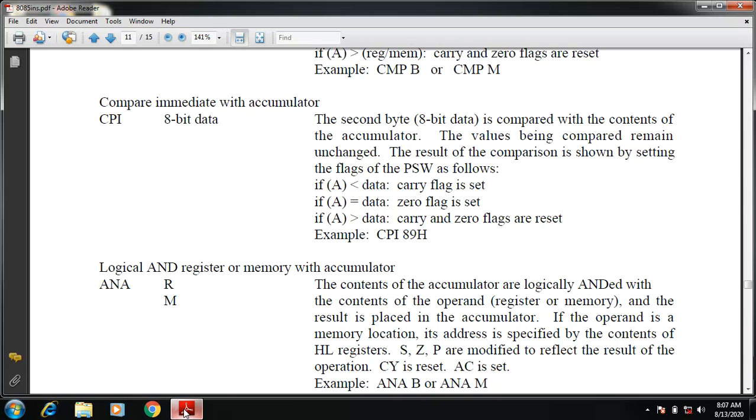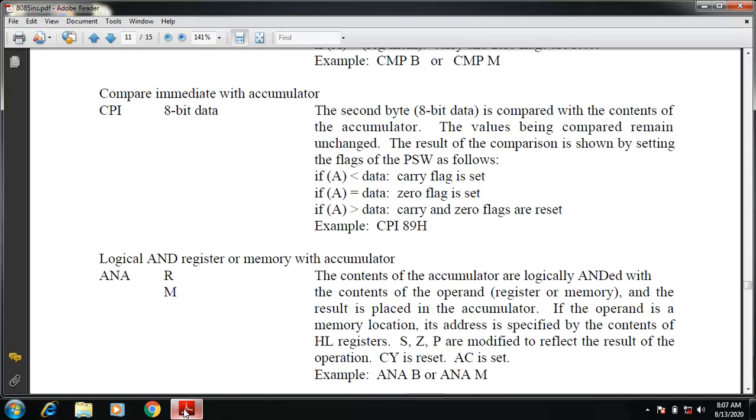Another condition, A is greater than data: the carry and zero flags are reset, so reset is 0. This is the three conditions for comparing the content of the accumulator and the operand data.